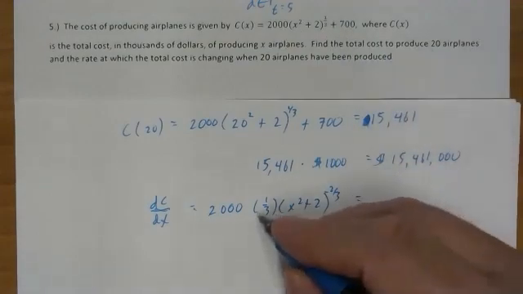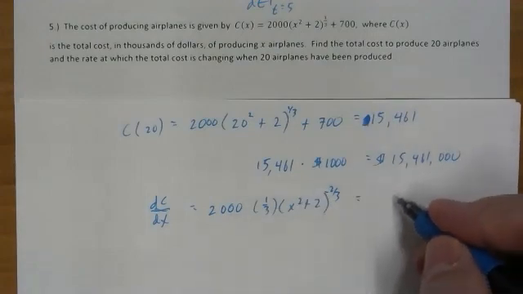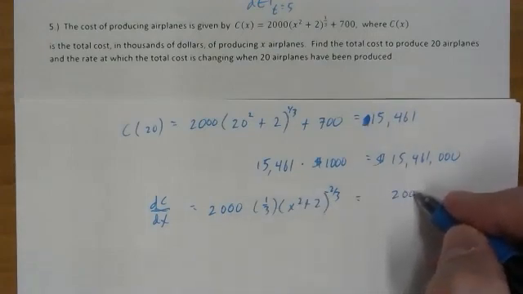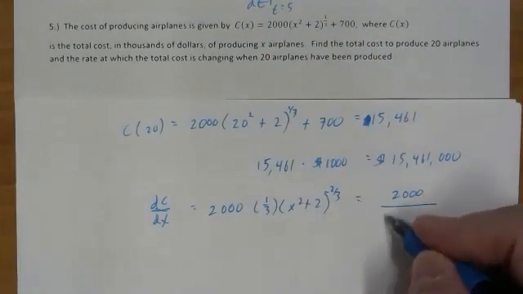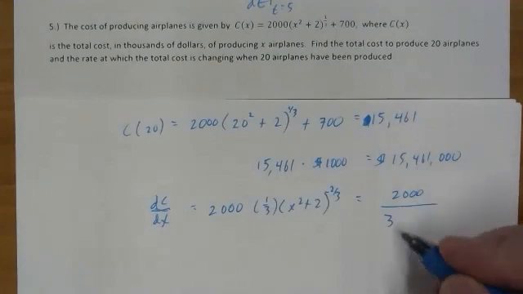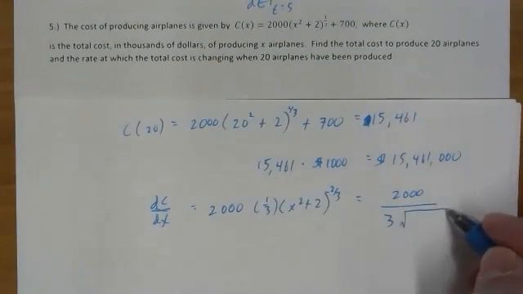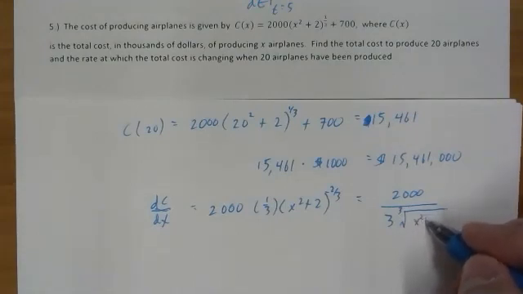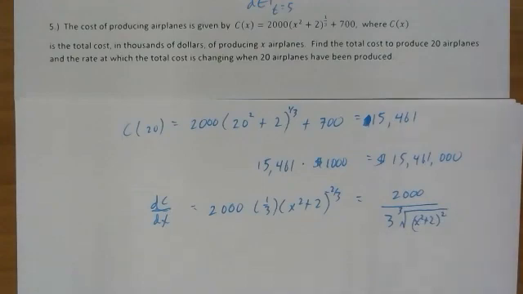So if I clean this up a little bit, it's almost like 2000 over 3 times the cube root of x squared plus 2 squared. Wow, pretty messy.